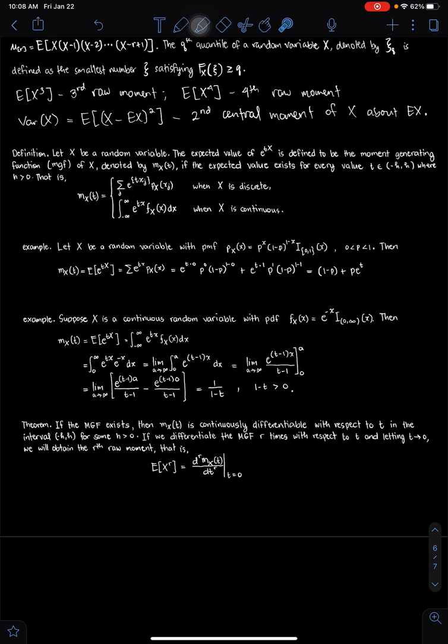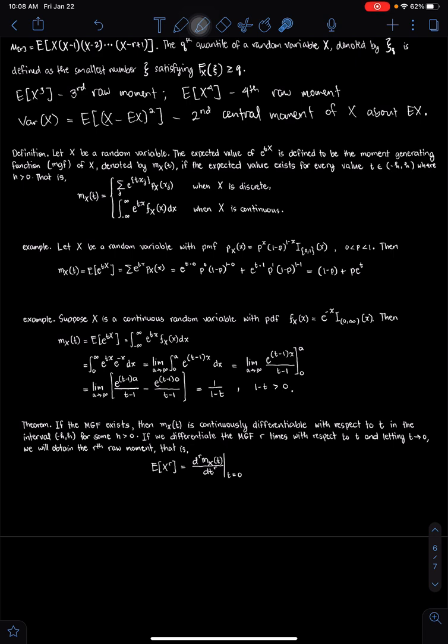Okay, so the next theorem tells us that the moment generating function actually helps us in generating the moments of the random variable x.